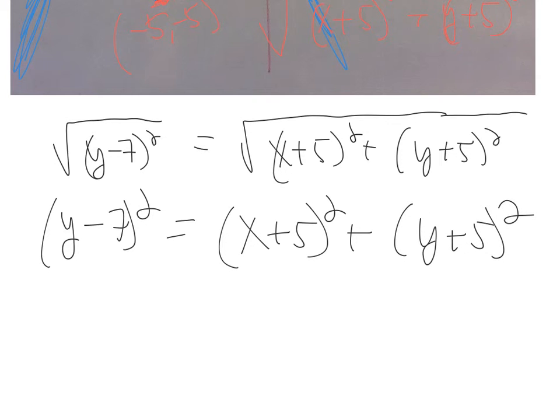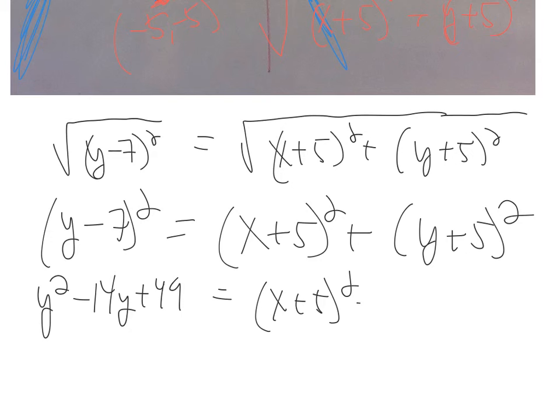Now I'm going to FOIL these y terms: y squared, and -7 and -7 is -14y, plus 49, equals x plus 5 squared, and this side becomes y squared and 5y plus 5y is 10y, plus 25. Now I want to move all the y terms over to the left. Those y squareds cancel out.